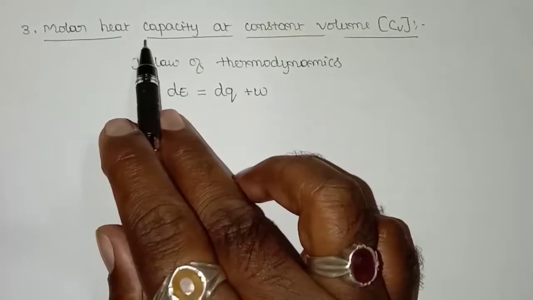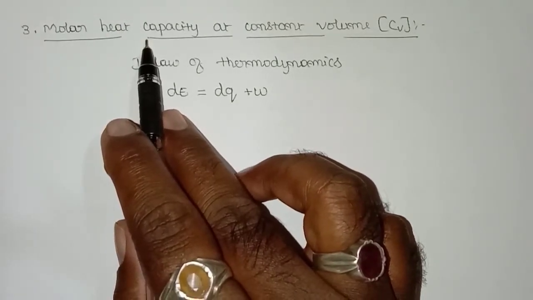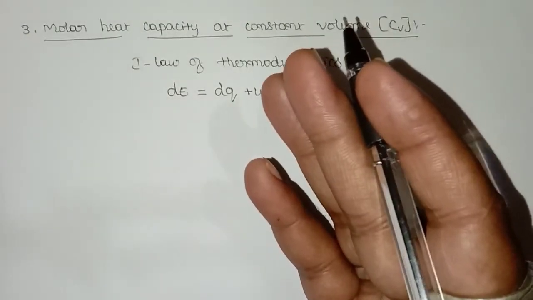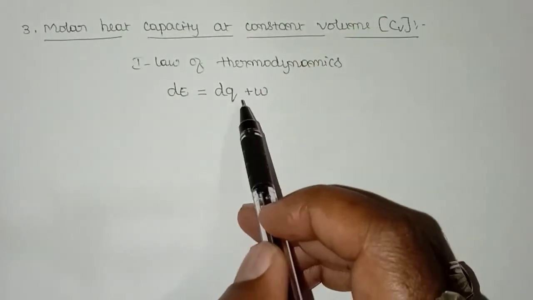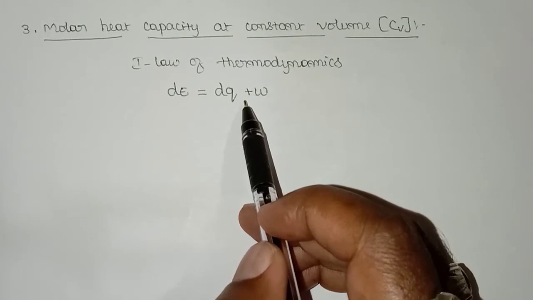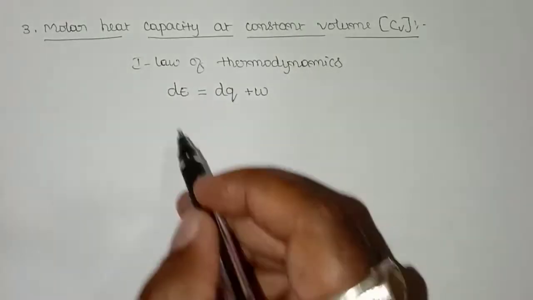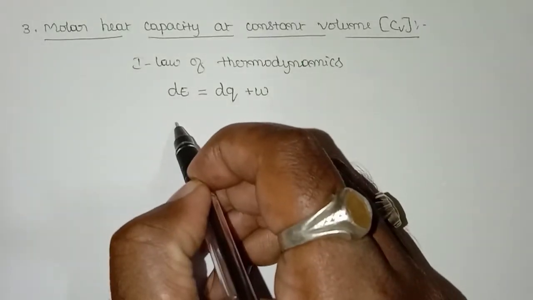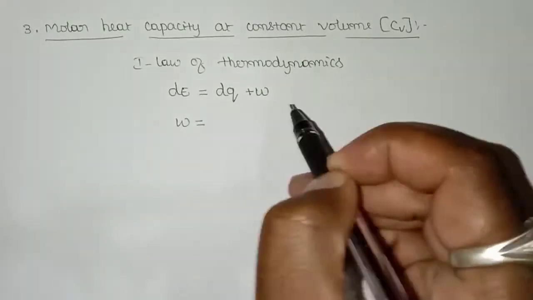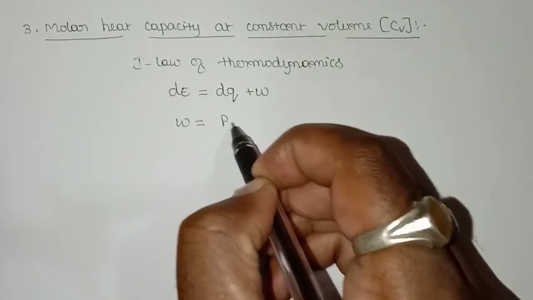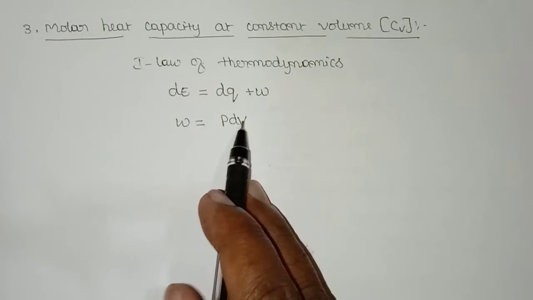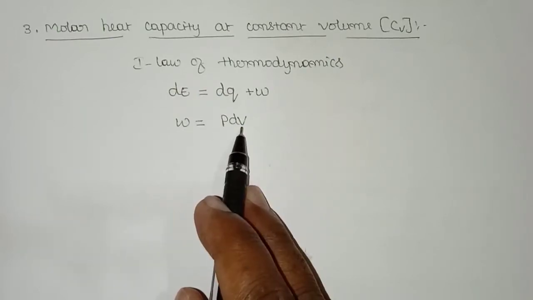Since we are discussing the concept of heat capacity, we are providing heat to the system, so work is done on the system, so W will be taken with a positive sign. So dE is equal to dq plus W, but we know that the quantity of work done is equal to P into dV. So this is the value for W: pressure into change in volume.